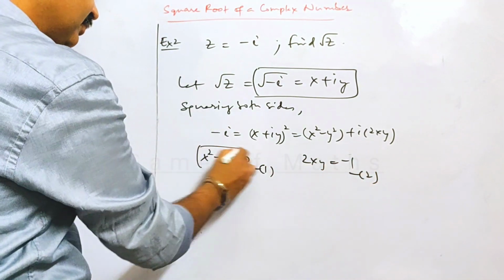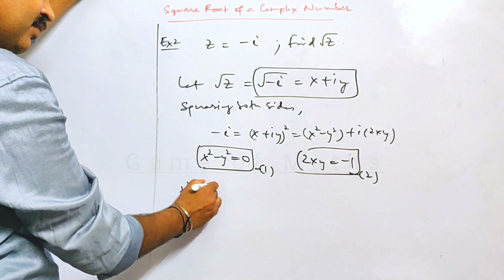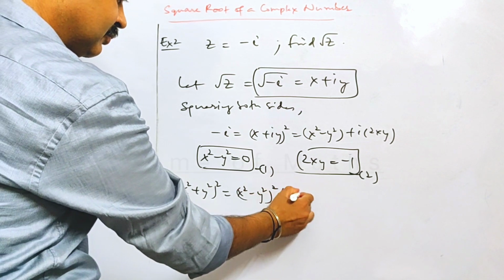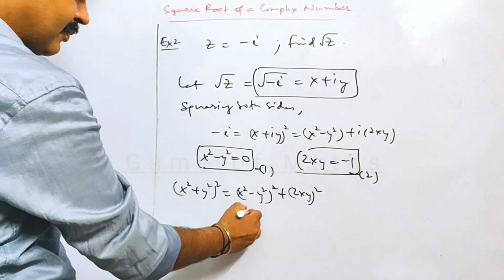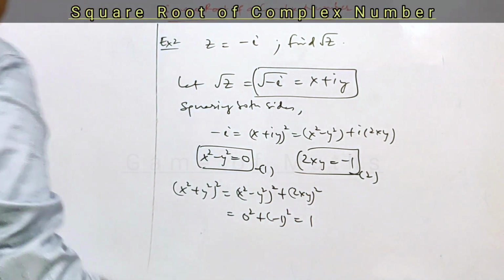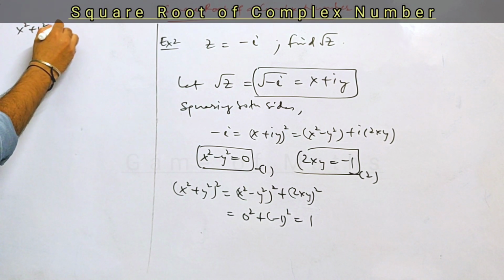Now we'll use the same identity as we used in the previous example and put the values. This is 0, 2xy is minus 1, that gives me 1. So x square plus y square would be equal to 1.